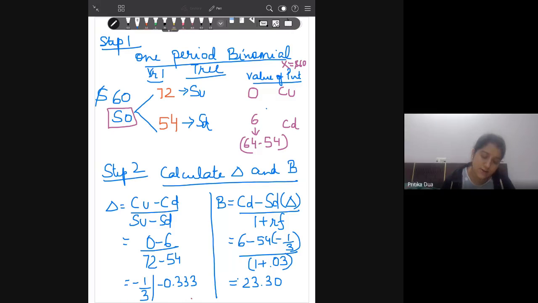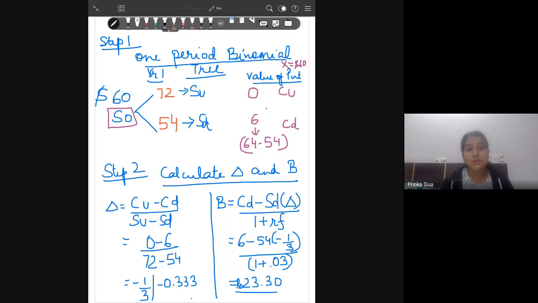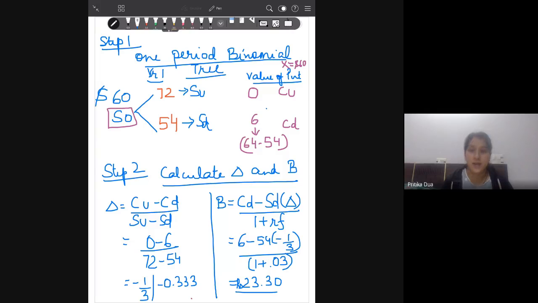This is the investment you are making in the bond. 23.30, and you are short of 0.333 shares or 1 by 3 shares. Okay, so you get both these values at step 2. After that we can verify whether you have calculated delta and B correctly or not.